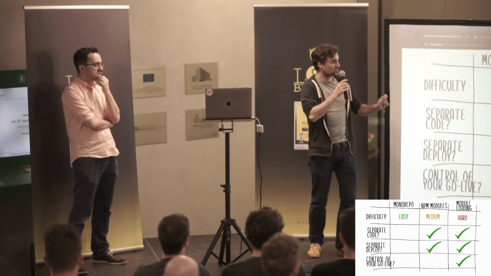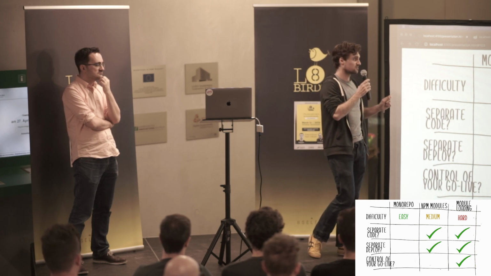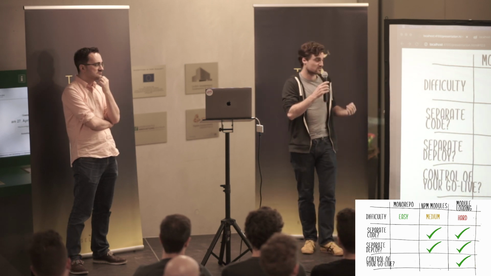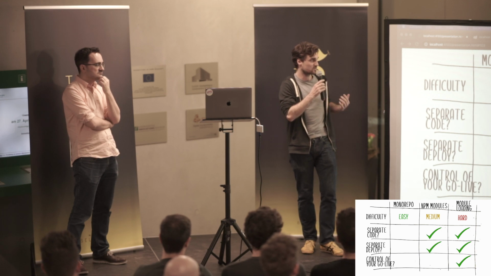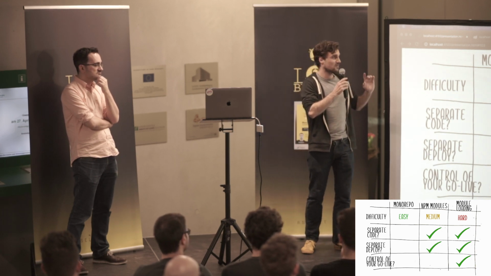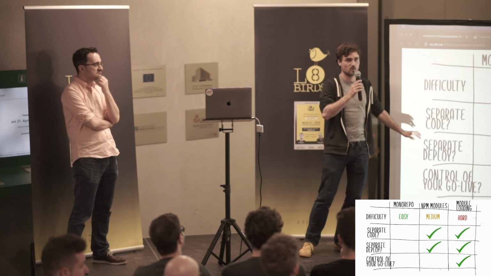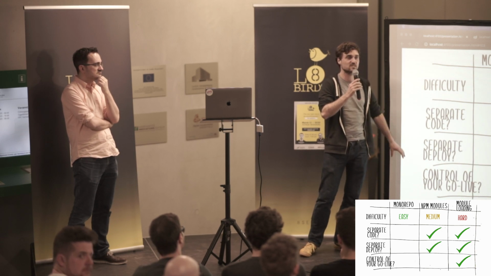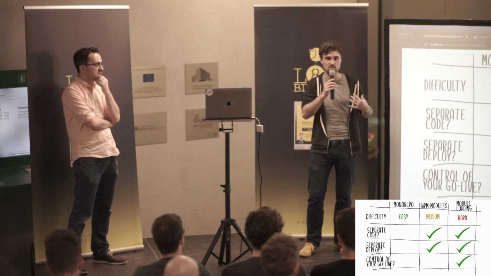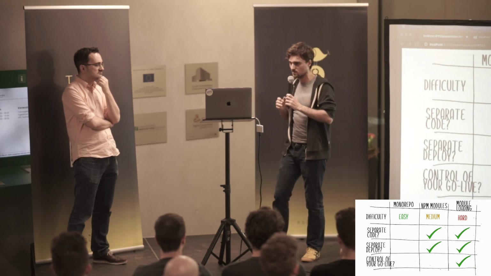And this is where module loading comes in. It's the most difficult of the approaches that you can do, but you will have your separate code, you will have your separate deployment, and you will be able to control when your microfrontend will actually show up in a browser.